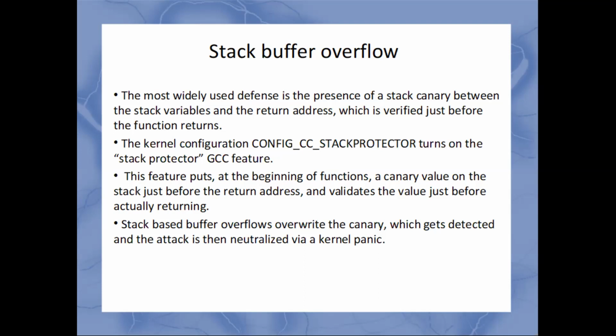This feature puts a canary value on the stack at the beginning of the function, before the return address, and validates the value just before actually returning. If stack-based overflows override this canary, it gets detected, and the attack is then neutralized by causing a kernel panic. This way, it protects against attacks caused by the stack buffer overflow.